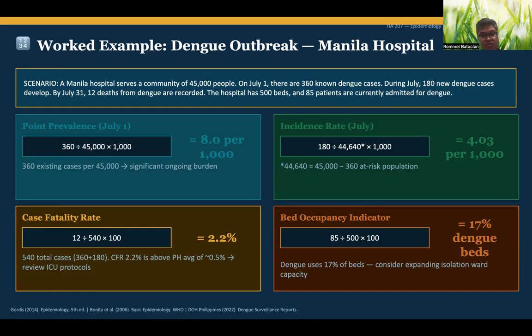So one of the plans that you can do is consider expanding the isolation ward capacity in the hospital. You have to make real-time decisions about resource allocation, staffing, and even evacuation or referral planning. So even referring patients to other hospitals can also be a solution, so that you would avoid full occupancy of those beds, and that would cater to the incoming cases of various diseases.